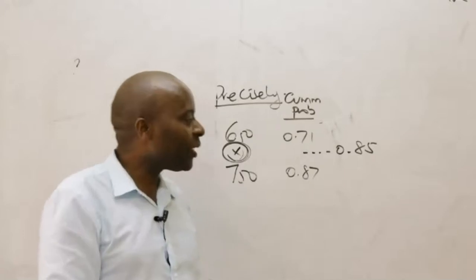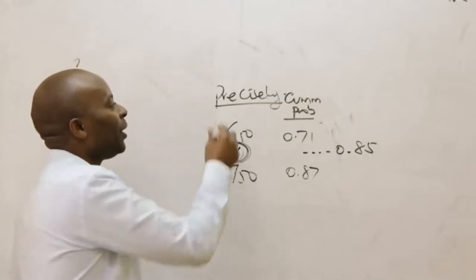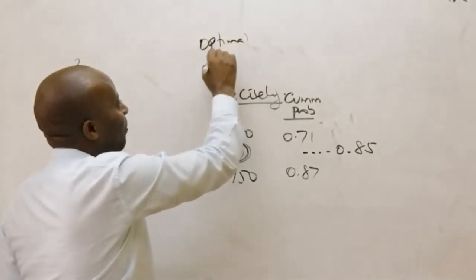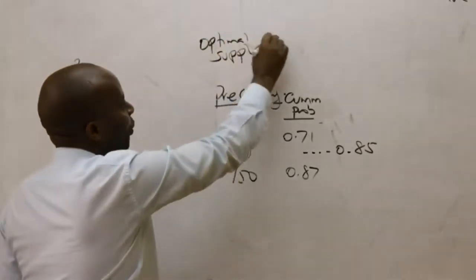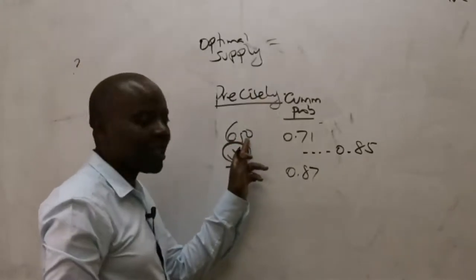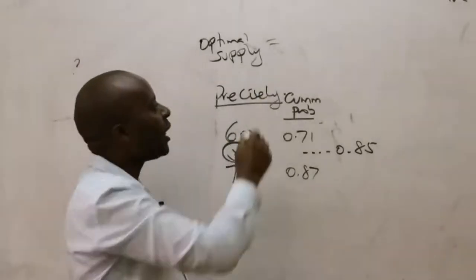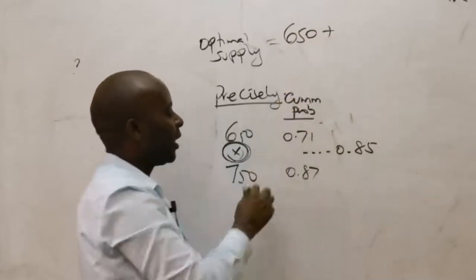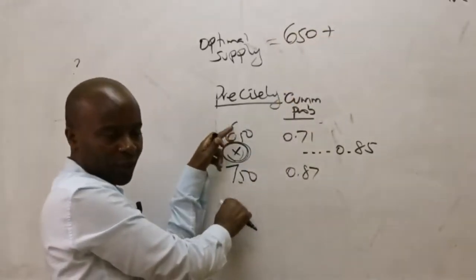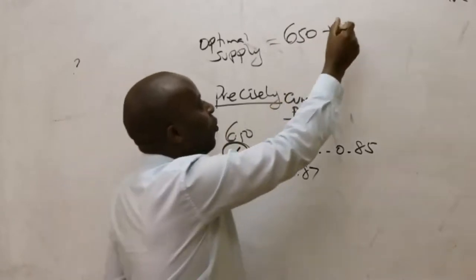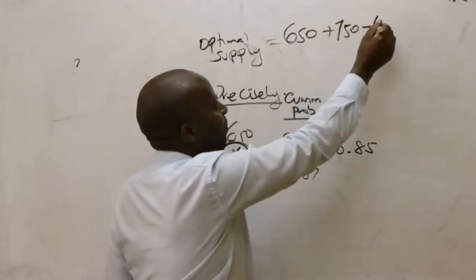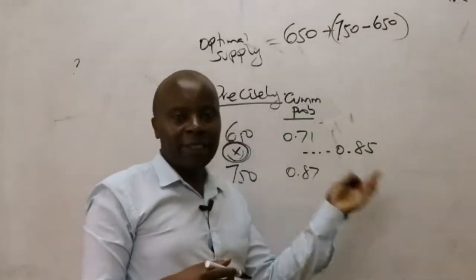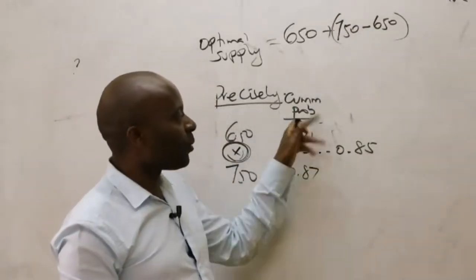Very good. Now, ladies and gentlemen, for us to be able to interpolate and get the optimal supply, what we will do is start with the lower figure, which is 650, plus the difference between the two figures, 750 minus 650. Then we interpolate using these cumulative probabilities.